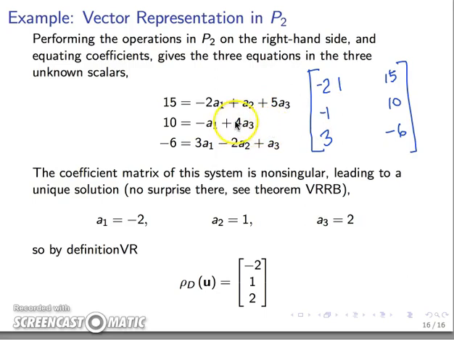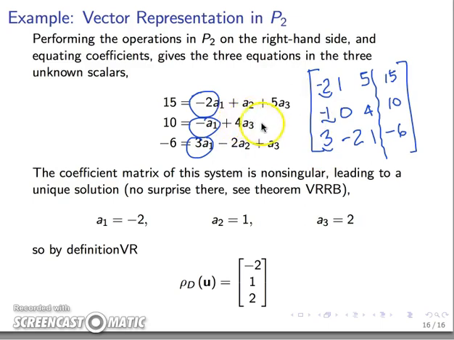There's no A2 term here in the second equation, so 1, 0. And there is a minus 2 on the last equation. And then the last column, column number 3 would have 5, 4, and 1. I hope that I did this correctly, right? So first column has the numbers minus 2, minus 1, and 3.